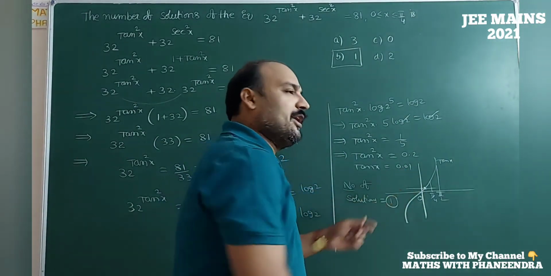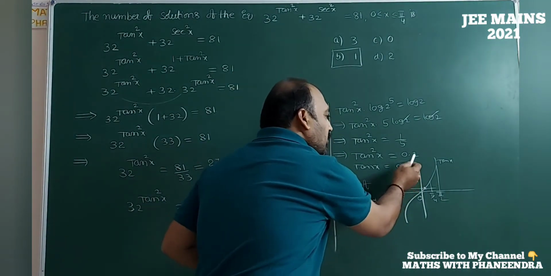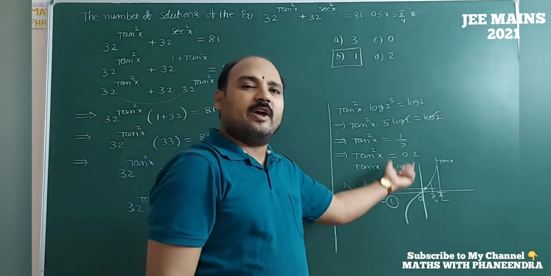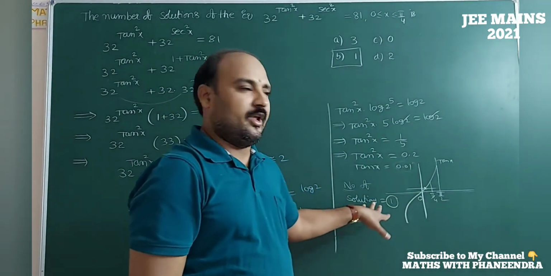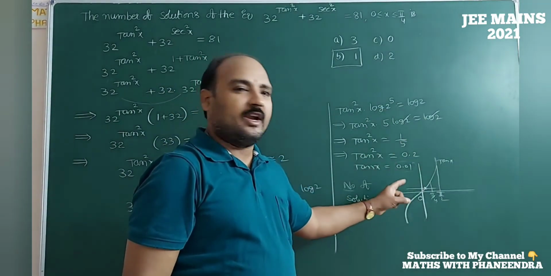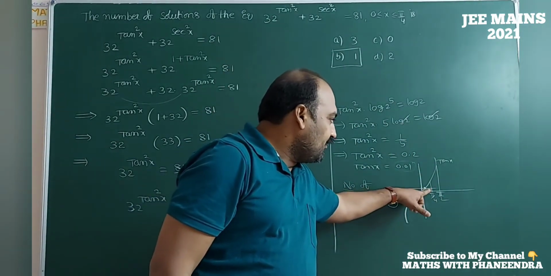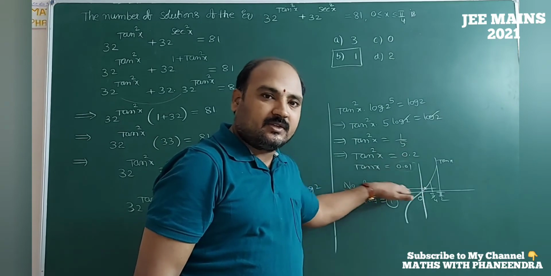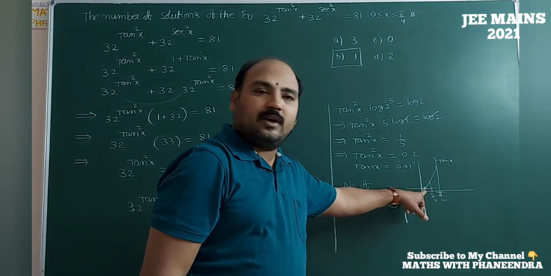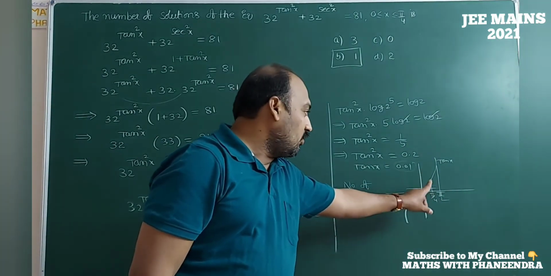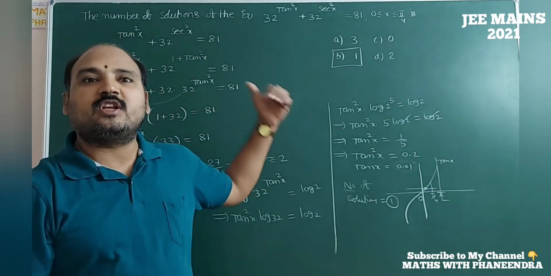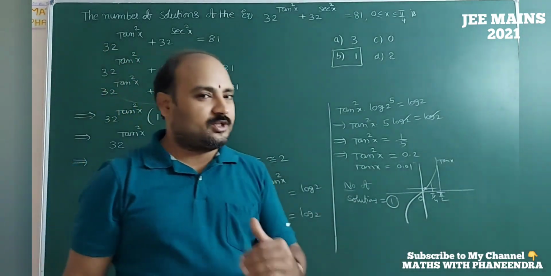It's approximately I am writing, not exactly. 0.01 also, root of 0.2, some value it will come. That is approximately I have taken. So tan x is equal to some value we are getting. Only one value in between 0 to pi by 4. At one point the curve is crossing, and that is the reason that only 1 point is the solution for the given equation. We will move on to the next question.